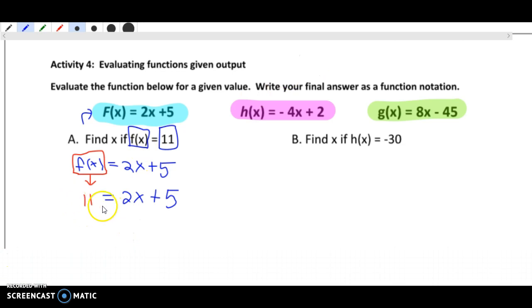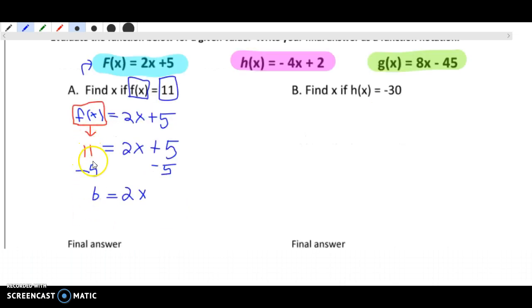So here we have basically a two-step equation. We're going to solve this equation to figure out the x value, which is the input. So let's subtract 5 from both sides. So 11 minus 5 is equal to 6. And we can divide both sides by 2 to figure out that x is going to be equal to 3.